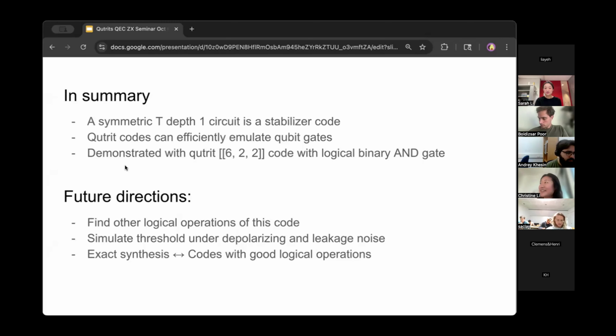As long as there's some qutrit symmetric circuit implementation of that gate, we can try to add stabilizers and get a transversal gate in that code. Thanks.